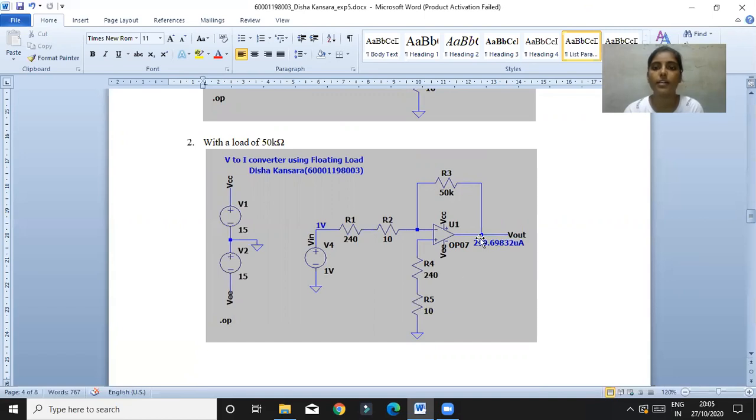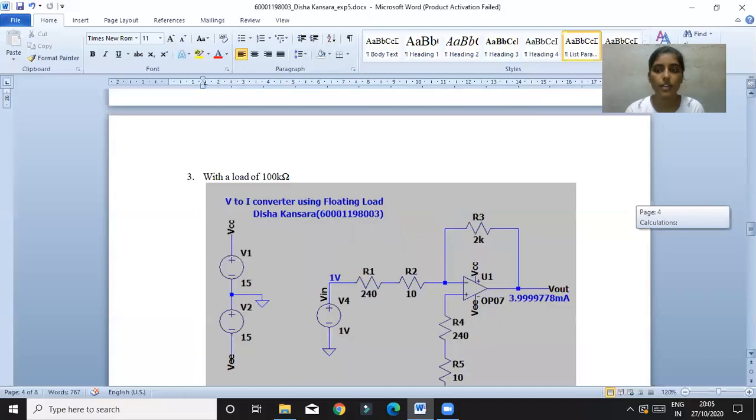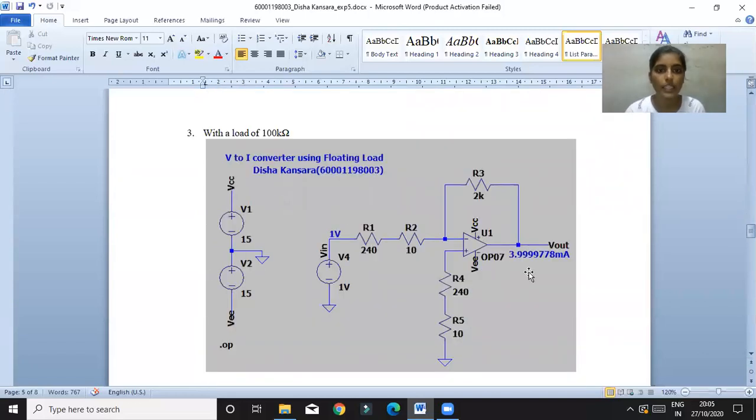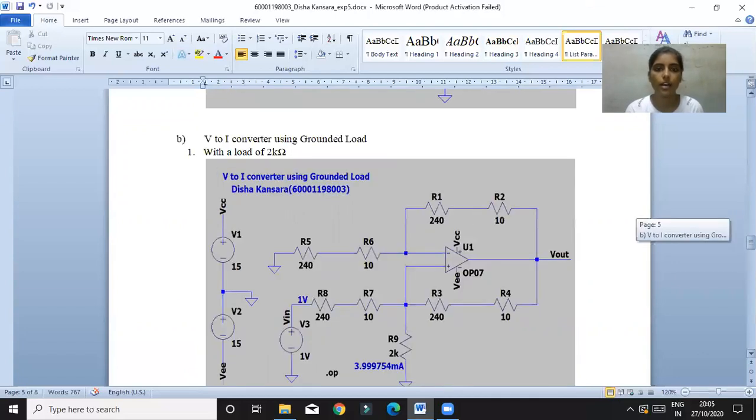And for the last one, a 100 kilo ohm floating load, with 1 volt as input, I get an output current of 3.9997778 milliamps. So this is my floating load circuit.